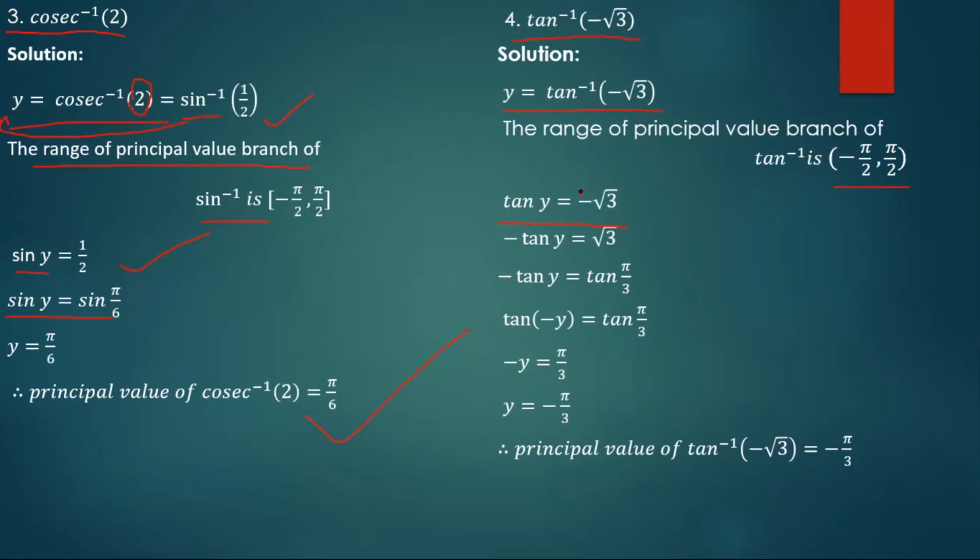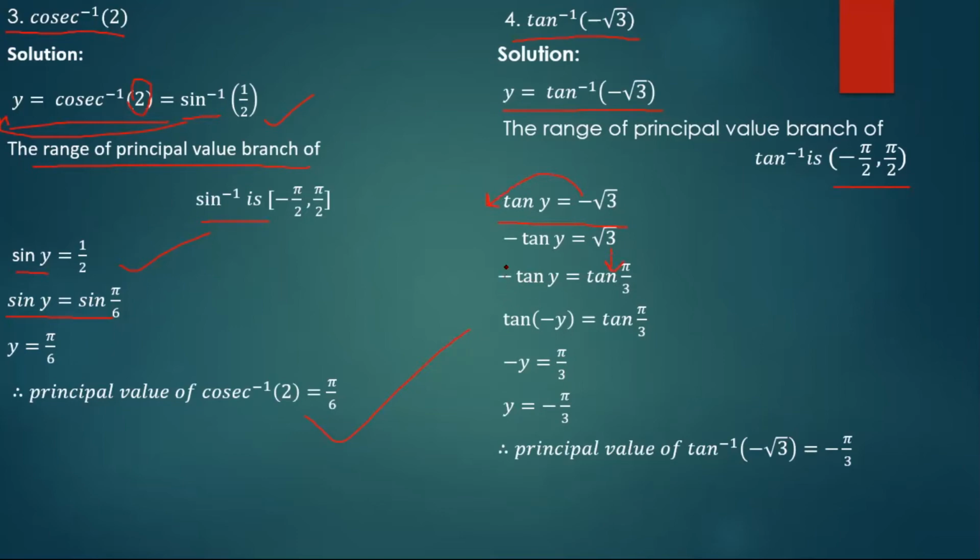We put this negative to the LHS, so negative tan y equal to root 3. At which angle is tan root 3? Tan 60, that is tan pi by 3. So instead of root 3 we write tan pi by 3: minus tan y equal to tan pi by 3.